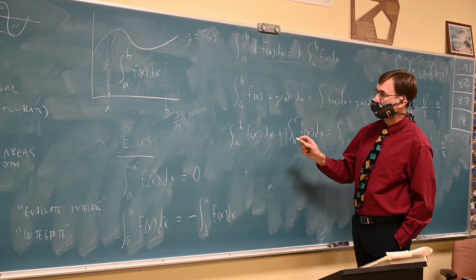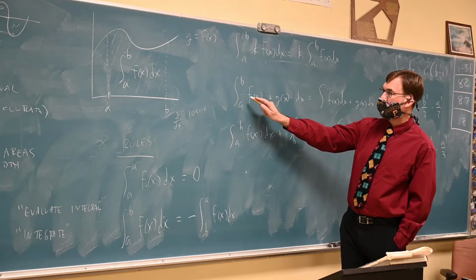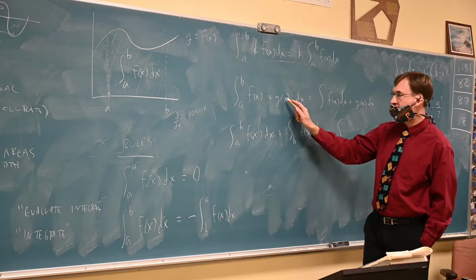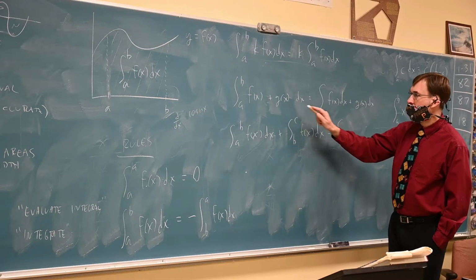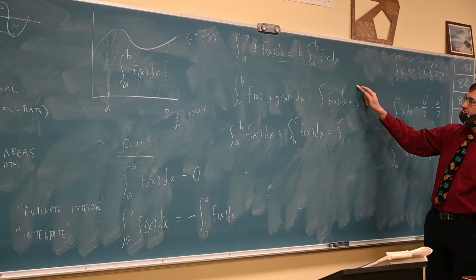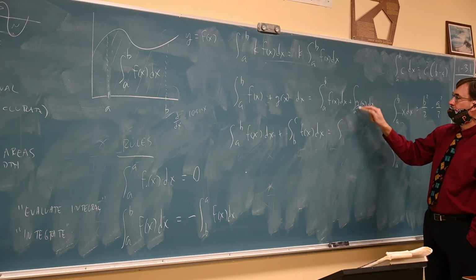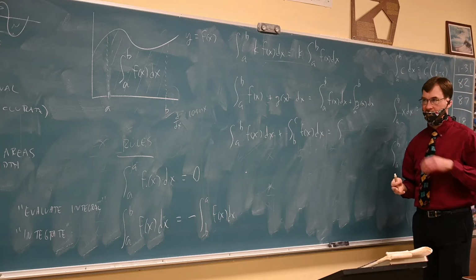Another way that derivatives and integrals work in the same way is if there's adding going on. If I want you to do the integral of an adding zone, you can do the integral of the one piece of it, separately do the integral of the other piece of it, and just add the pieces together.